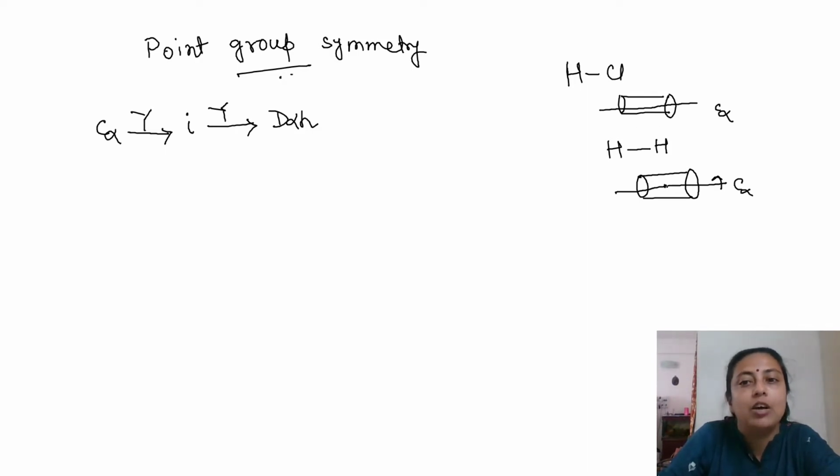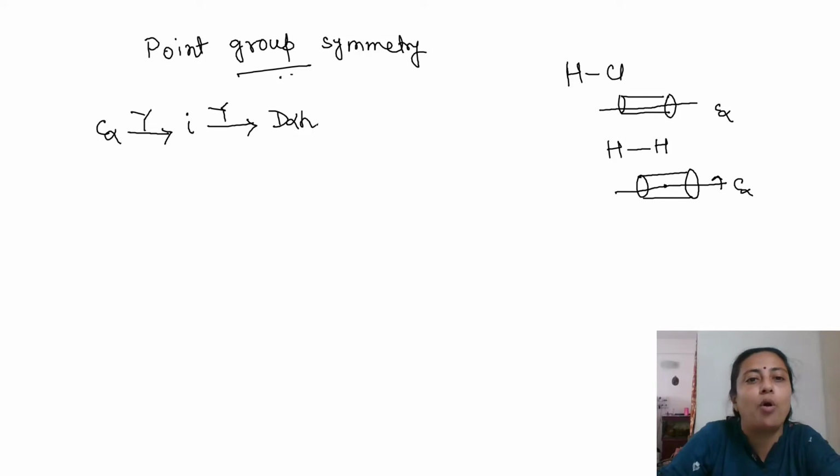Not only that, this inversion center and the C infinity axis make sure that it has an infinite number of C2 axes perpendicular to the C infinity axis.